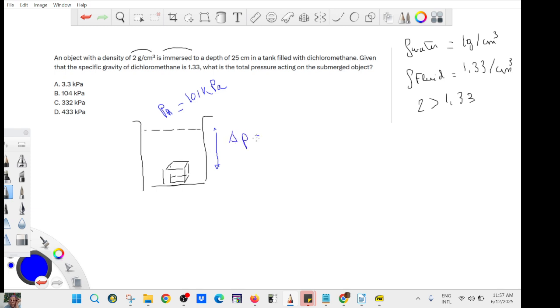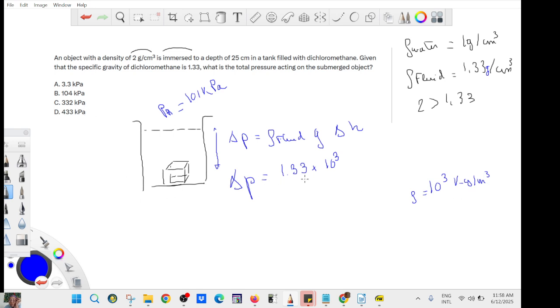So delta P here will be rho of the fluid times g times the height, which is 25. So we have delta P equals, the fluid here is 1.33 relative to water. Water is 10 to the third kilograms per cubic meter, and we need kilograms if we want Pascal.